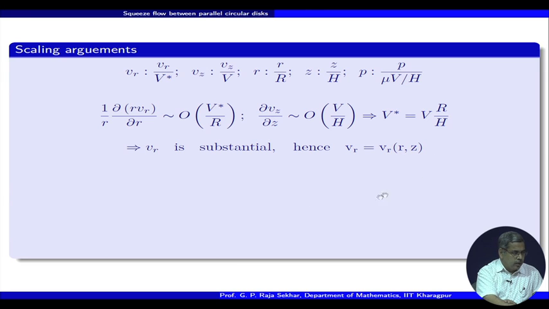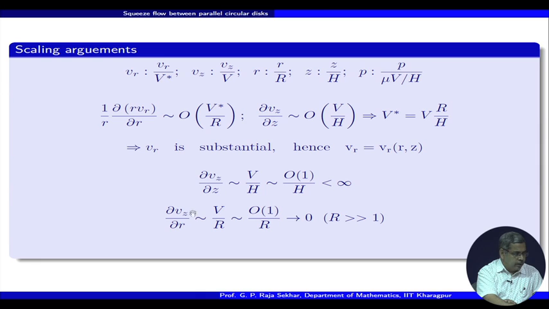Now let us get some estimates on the axial velocity. One can note, because already we have indicated here, that v is of order 1, so this is finite, because this is comparable.